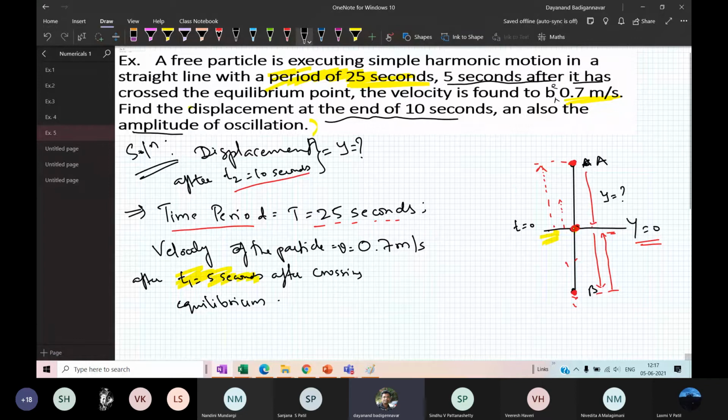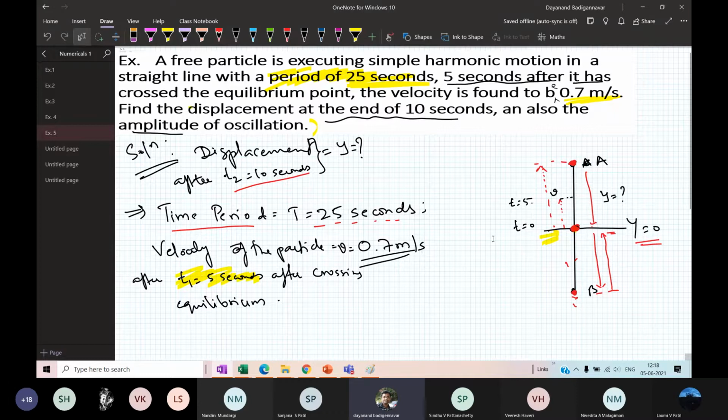It has crossed the equilibrium, so after t equal to 5 seconds, you note down the time. After 5 seconds, the velocity of the particle is v, 0.7 meters per second. At 0, the velocity is maximum. As the particle moves upwards or downwards, the velocity goes on decreasing. So at t equal to 5 seconds, the velocity is 0.7 meters per second. This is the other information that is given to you.